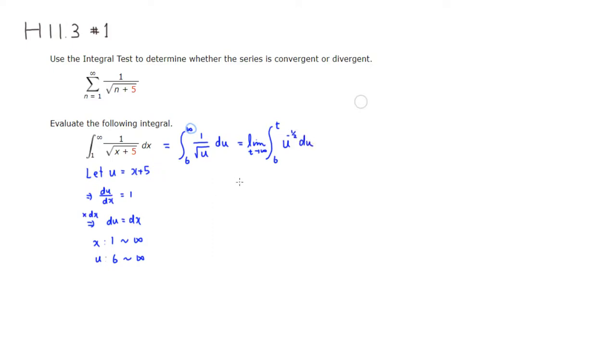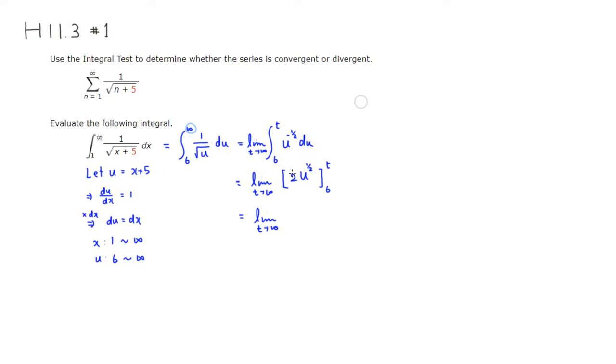By using the power rule, the antiderivative is: add 1 to the power, so u to the 1/2 power, divided by 1/2, so multiply by 2. Then we evaluate from 6 to t, with the limit as t approaches infinity.